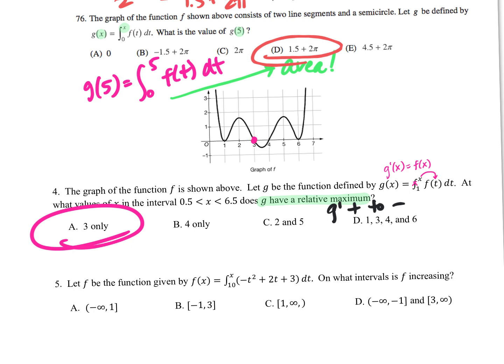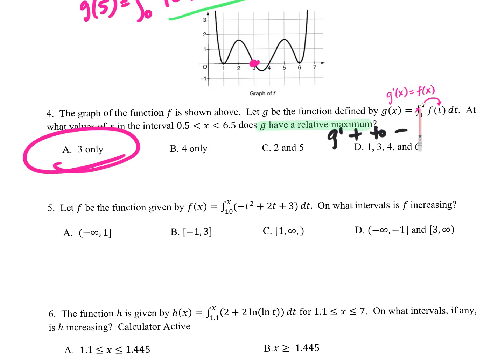Positive to negative right there. Does it make sense that, starting at 1, we would have the most positive area from 1 to 3? Because that's what this is saying. Where do we have a maximum? Maximum is the most positive area, from 1 to 3. If I were to keep going from 1 to 4, I would have taken some of that away, right? So we're going to say 3.